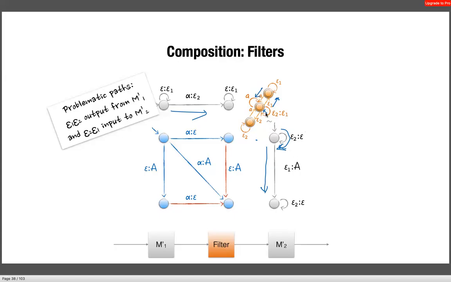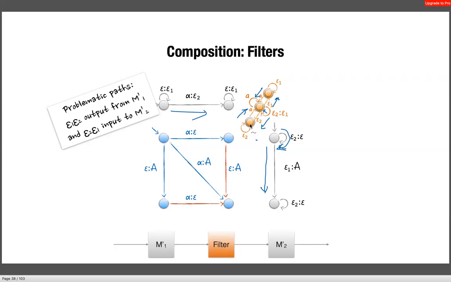And here, once I produce epsilon 2, I never produce any epsilon 1s. So I don't encourage this epsilon 2, epsilon 1, which is produced as an input to M2 prime. Again, once I see a non-epsilon symbol, I return back to this particular center state. So this is my new filter now.